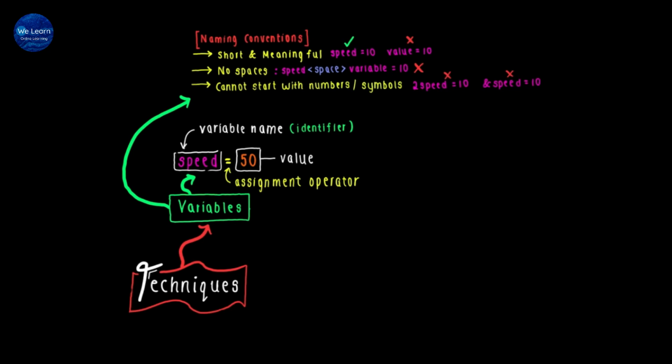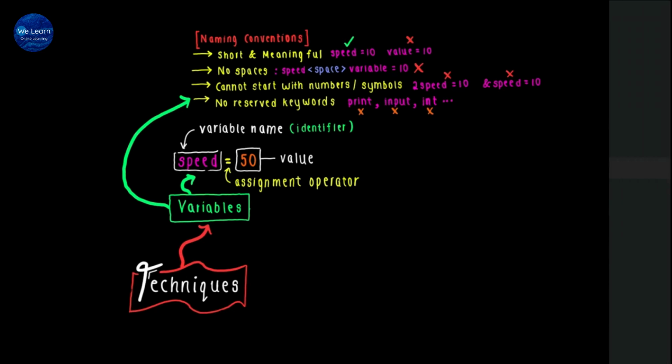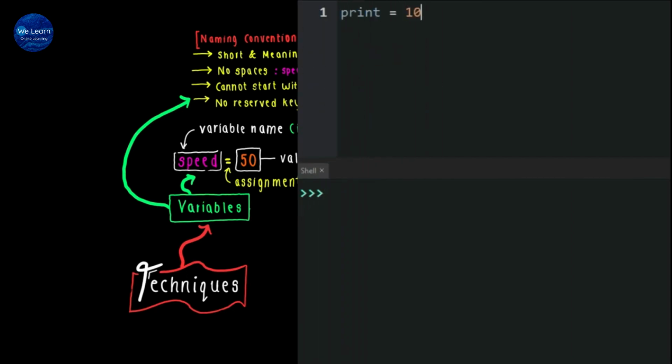The next naming convention is that your variable name cannot start with numbers or symbols. Next, your names cannot use any reserved keywords. In Python, there are a few keywords that are reserved for built-in functions like print, input, integer, int. These cannot be used in your variable names. Just to show this to you, if I say print equals 10, you wouldn't get any error.